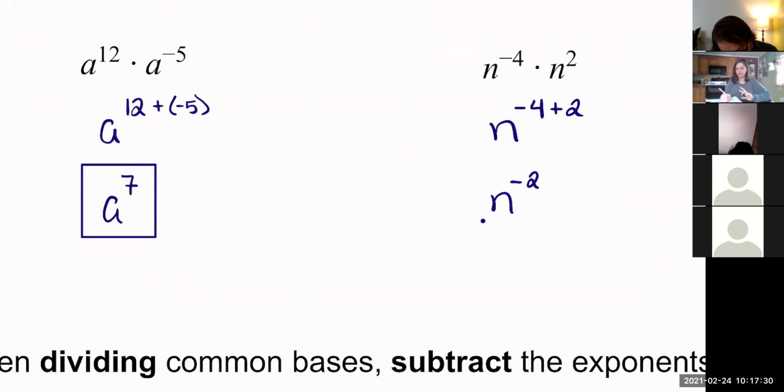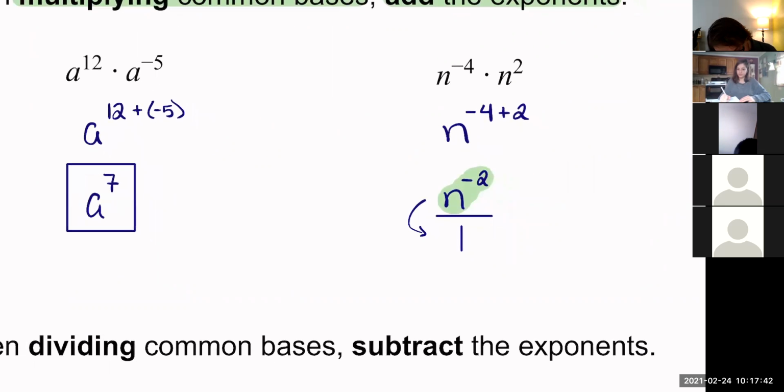But thankfully, if I imagine this as a fraction, and I move this base with its exponent to the other side, I can rewrite this as 1 over n to the power of positive 2.